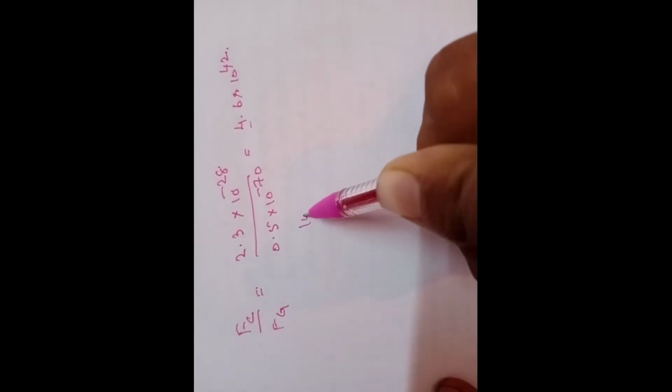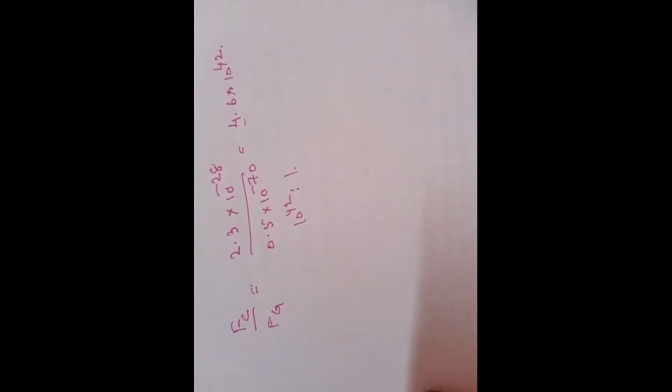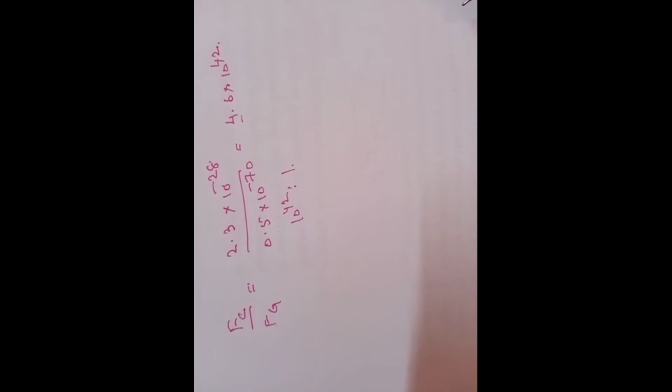So this will be 4.6 into 10 power 42. So this ratio is in the order of 10 power 42 by 1. If the point is clear, 10 power 42 by 1.